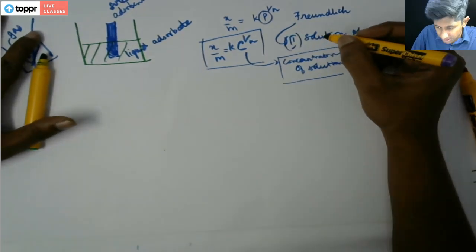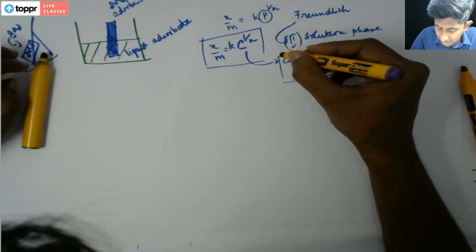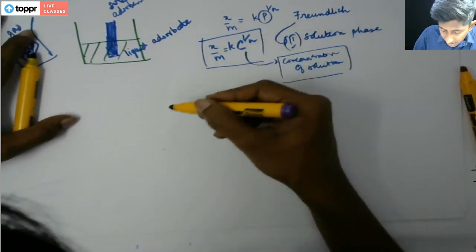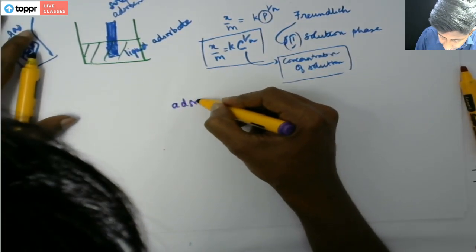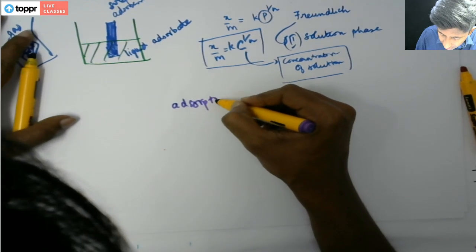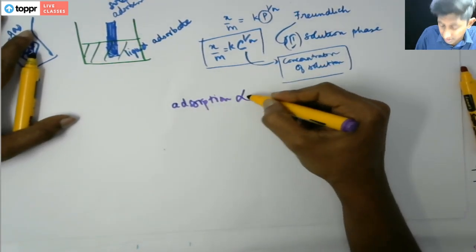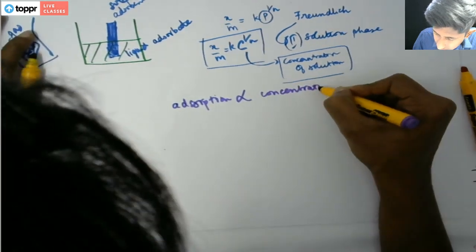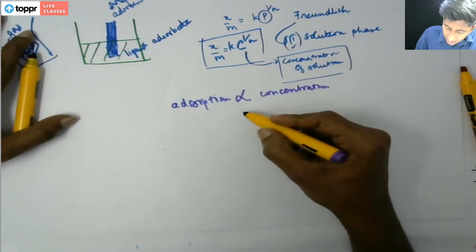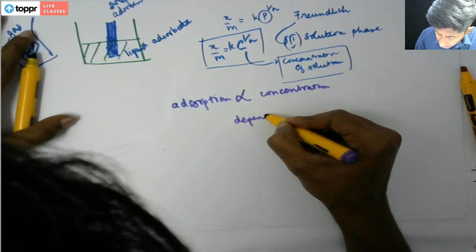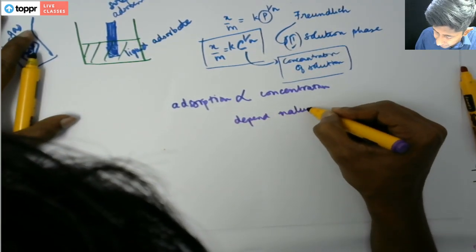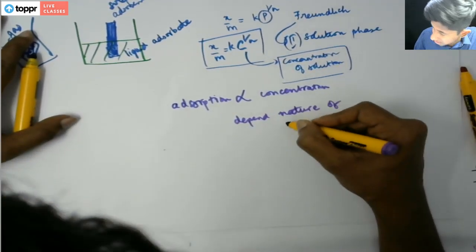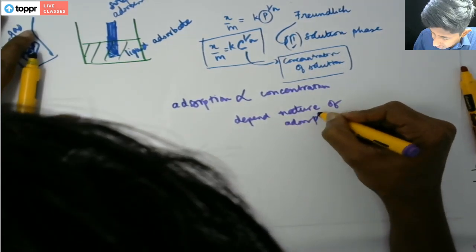And now the equation will also tell us one thing, that the adsorption rate will be proportional to concentration, and it will also depend on the nature of the adsorbent.